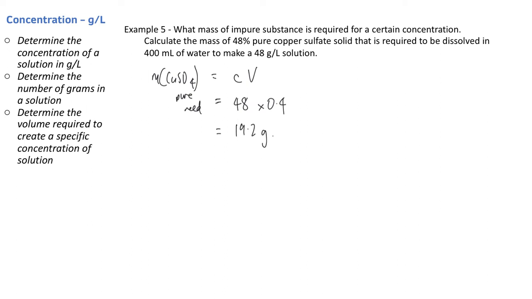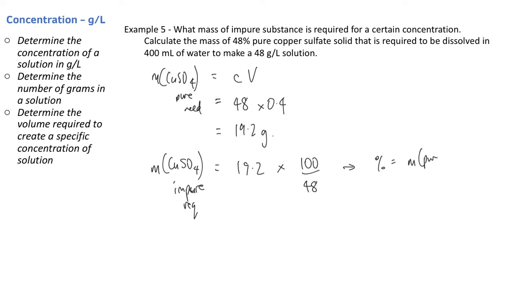The mass of impure copper sulfate that we require will be equal to 19.2 grams, and we're going to get it from the impure thing, so we need to do 100 over 48. This is effectively a rearrangement of the equation: percentage is equal to mass of pure over mass of impure times 100.